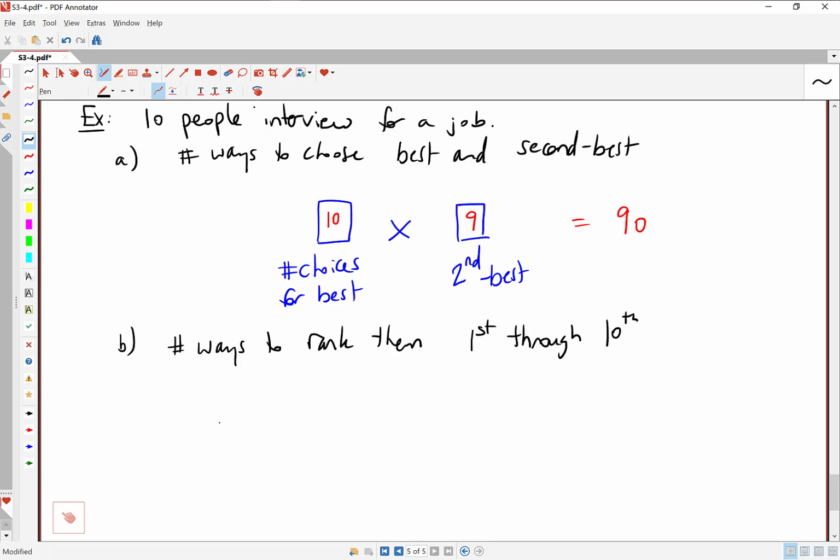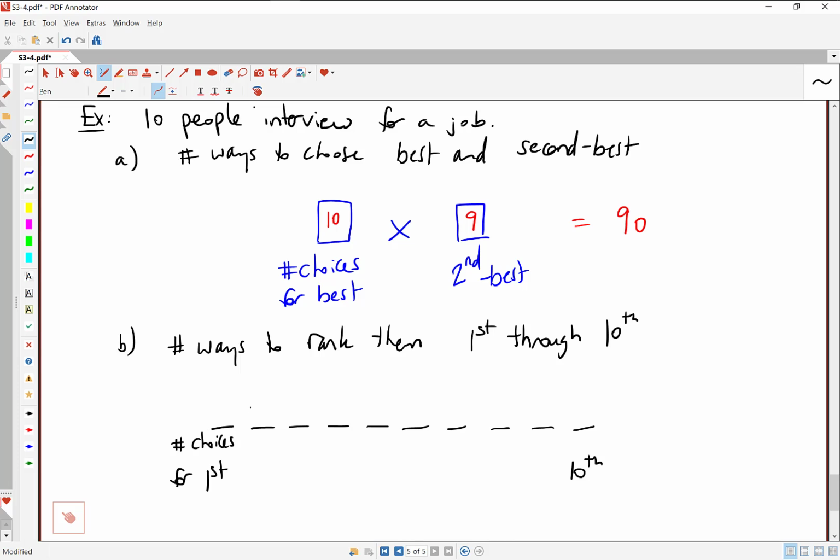Because you're thinking of placing these 10 people, you could actually imagine standing them in line like this. You'd have a line of 10 people, and you're essentially saying, okay, whoever we rank first will be here, and whoever we rank 10th will be here. So it's really the same problem as arranging books on a shelf. It's just worded slightly differently.